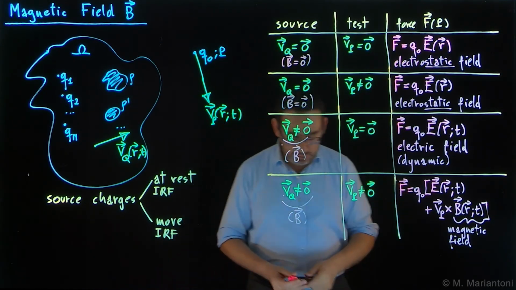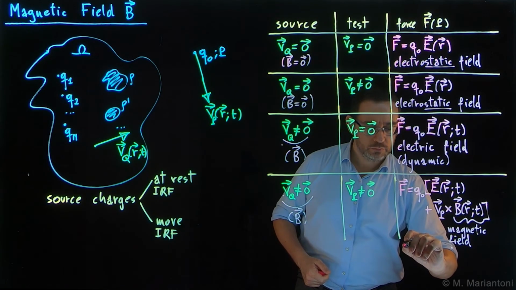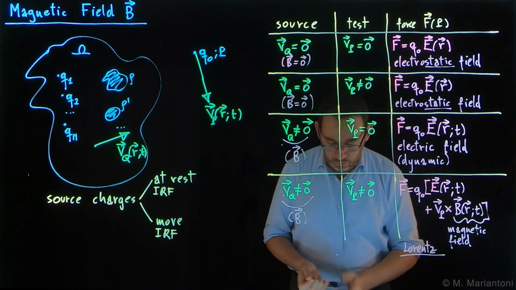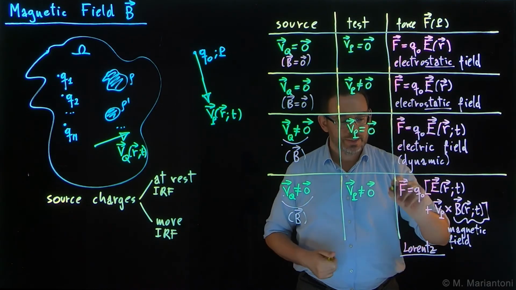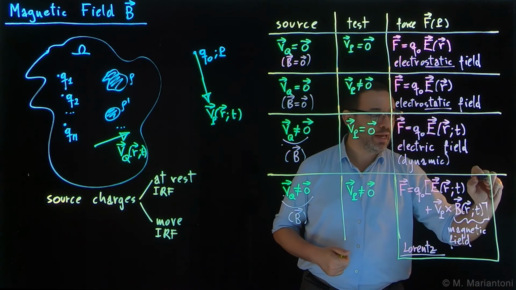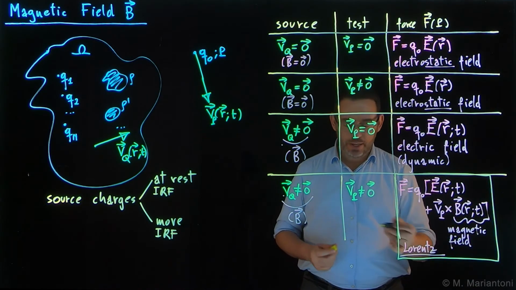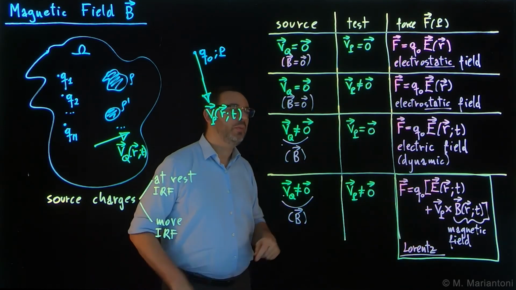So this is called the Lorentz force. Okay? So as it turns out, again, all this discussion stems from purely empirical evidence, that is from experiments. From experiments, people were able to find the Lorentz force, which has this form by means of measurements.